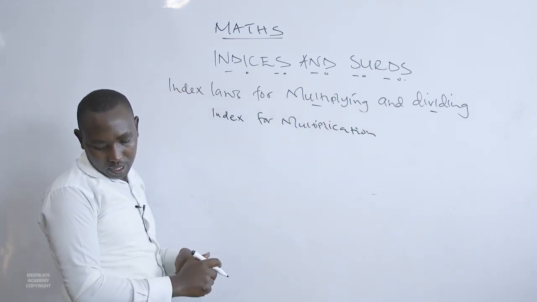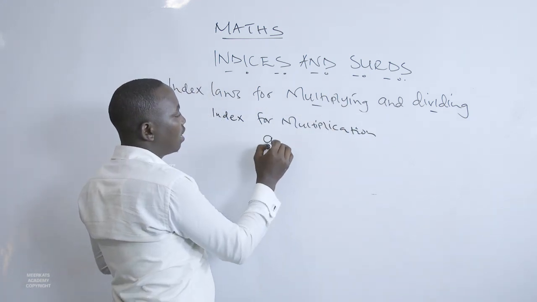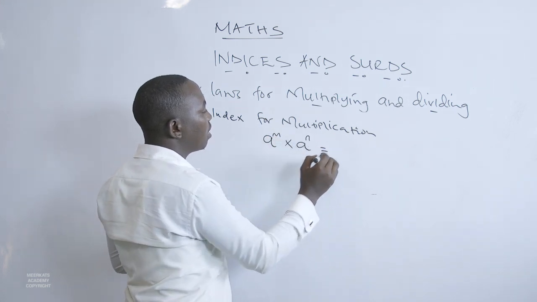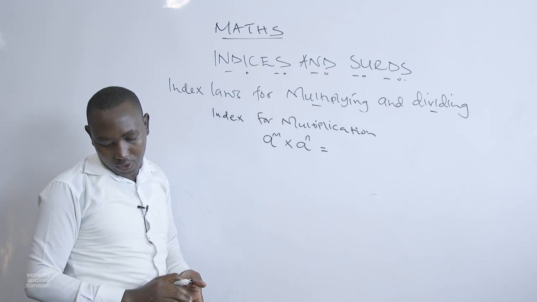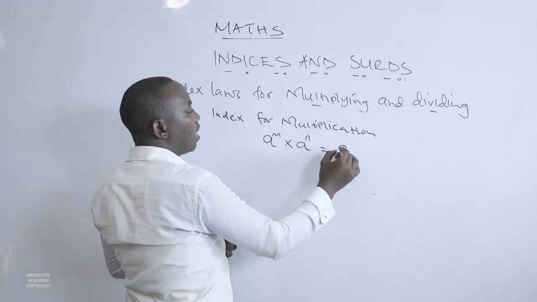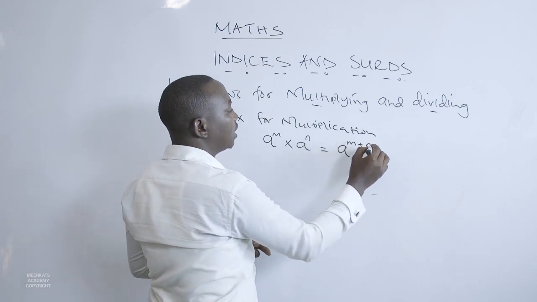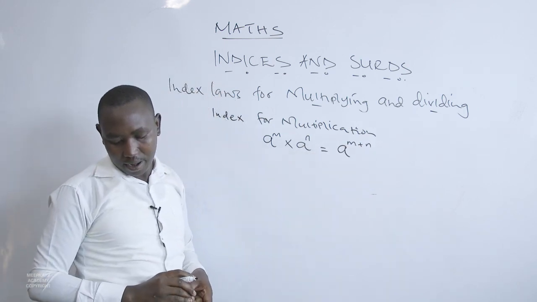Where you are given a raised to m times a raised to n, we are saying the result is going to be a raised to the sum of the powers, which is m plus n.